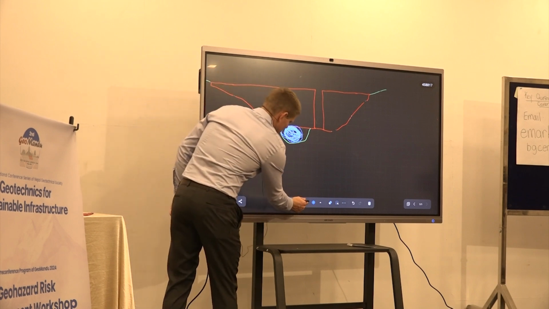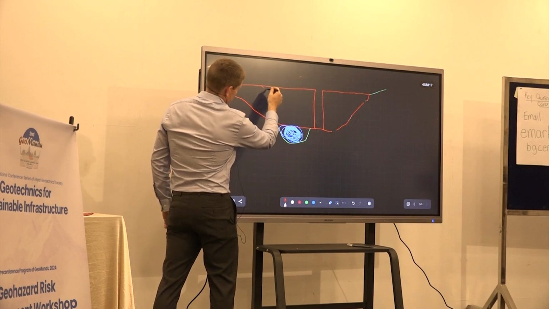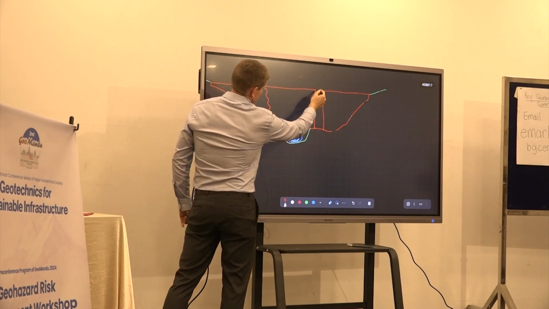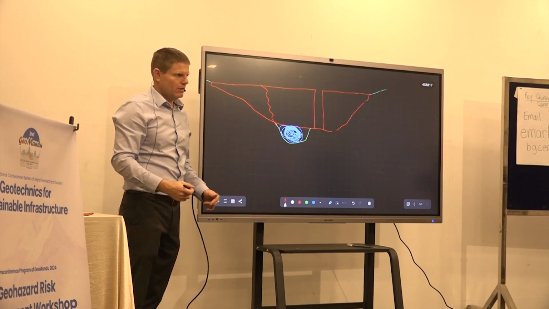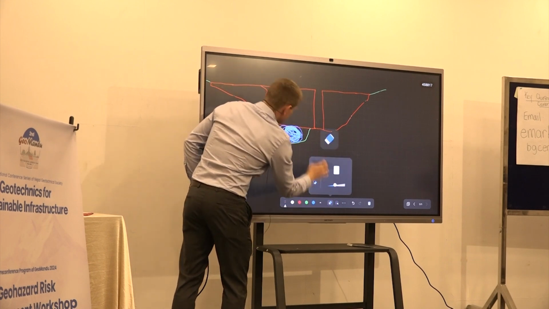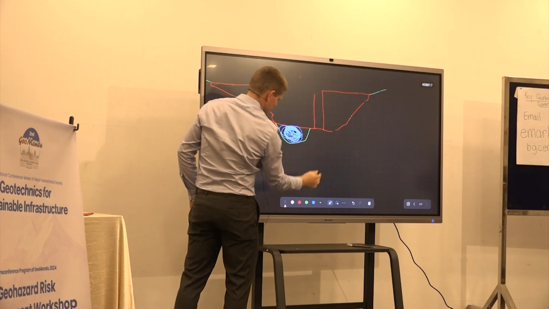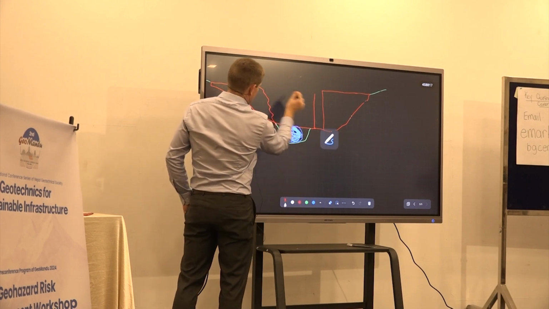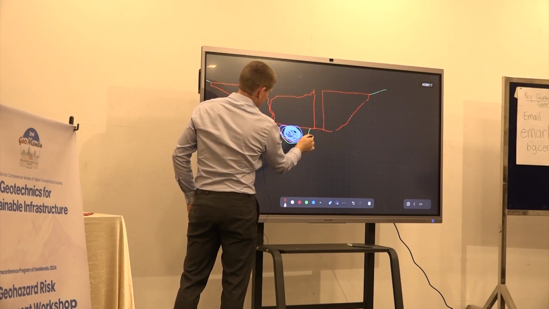Yeah, maybe the dam could crack here. And then what would happen if it cracked there? Yeah, maybe it falls down. So maybe instead of that, it falls and fills in like this.